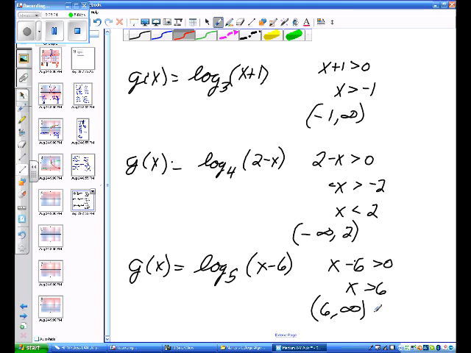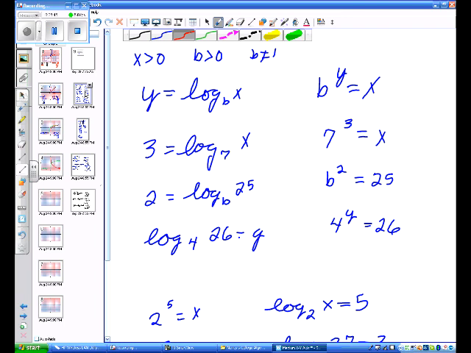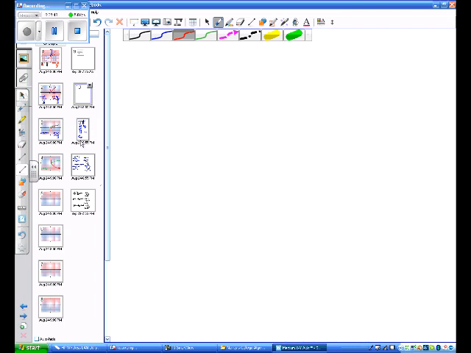Okay, there's just a few more properties that we want to look at with our logarithms. And this is really where logarithms start getting to be a little bit of fun, not necessarily in the graphing part, but in the evaluating part. And so we want to look at some properties of logarithms. We're going to have what we call our general properties. This is for all logarithms.